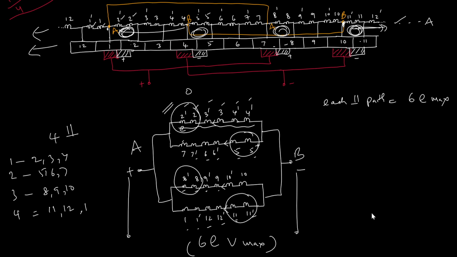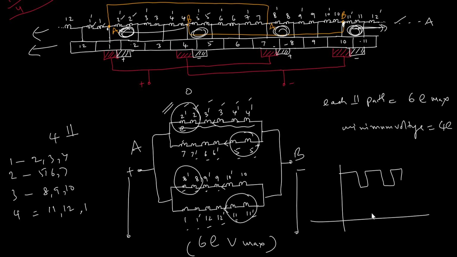At that juncture, the minimum voltage will be only 4 coil sides, that is 4E. So the EMF will vary from 6E to 4E.